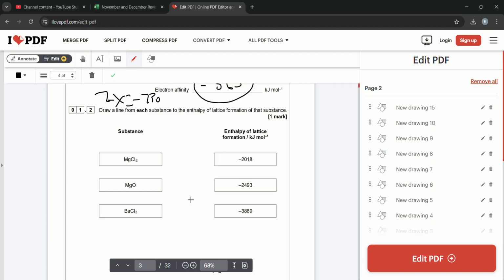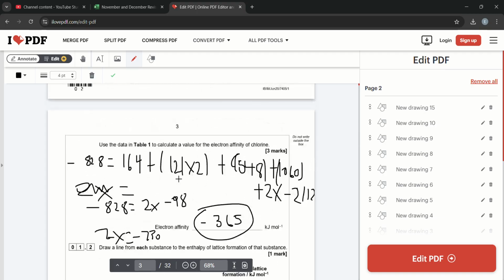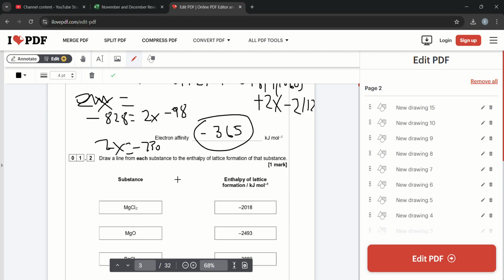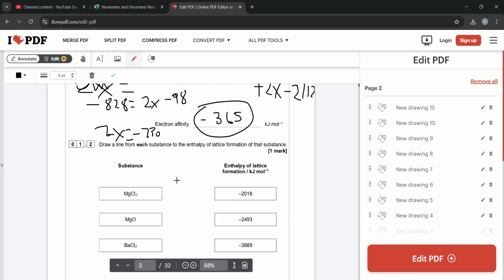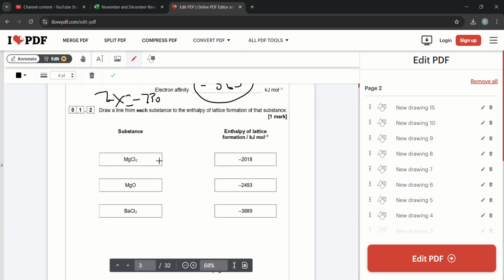Then it says draw a line from each substance to the enthalpy of lattice formation of that substance. So we've got magnesium chloride, magnesium oxide, and barium chloride.